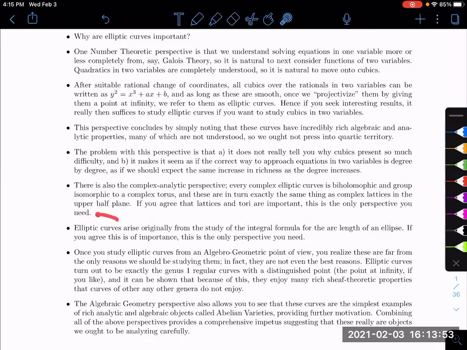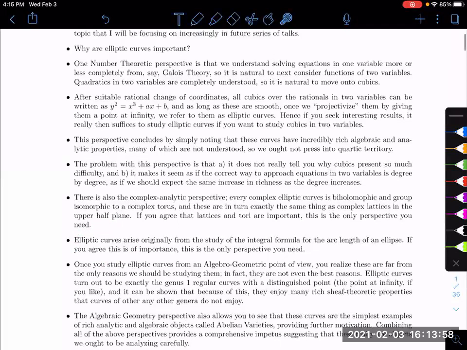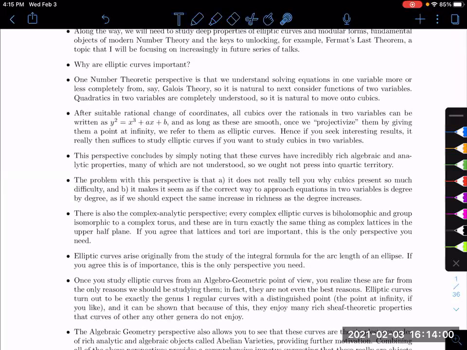For example, where did elliptic curves even come from? Why are they even called elliptic curves? If you take the Calc 2 formula for the arc length of a curve and you try to apply that formula to an ellipse, you end up discovering that you're in some trouble and you can't get an exact answer.